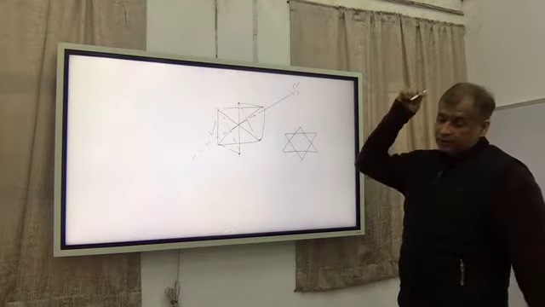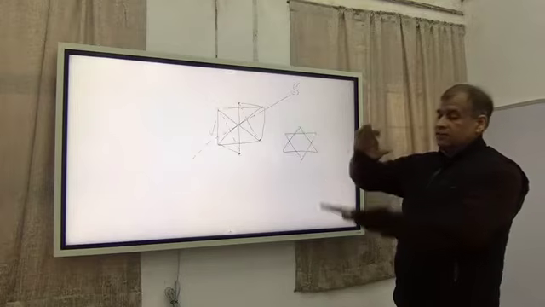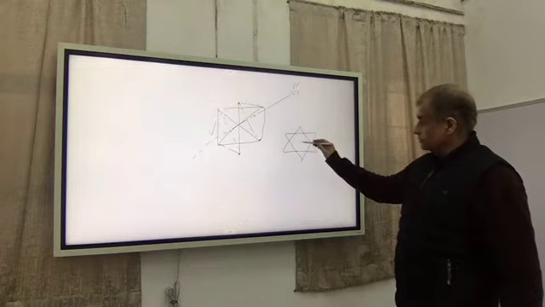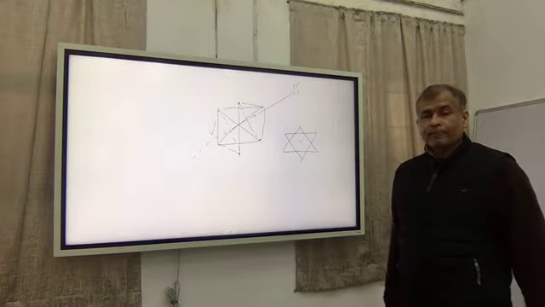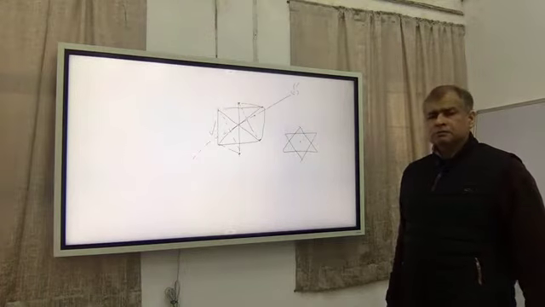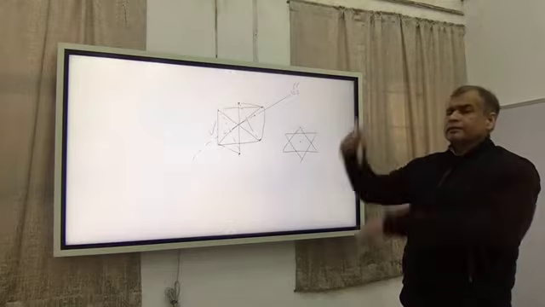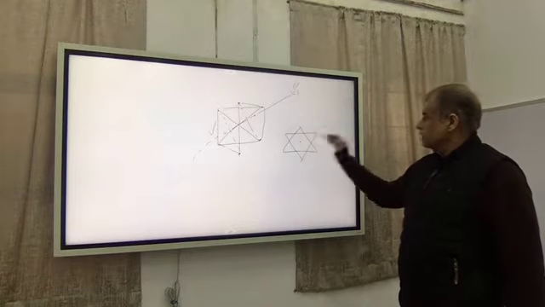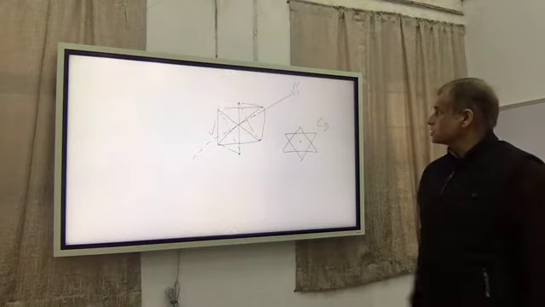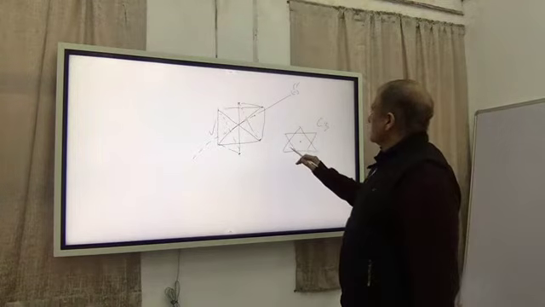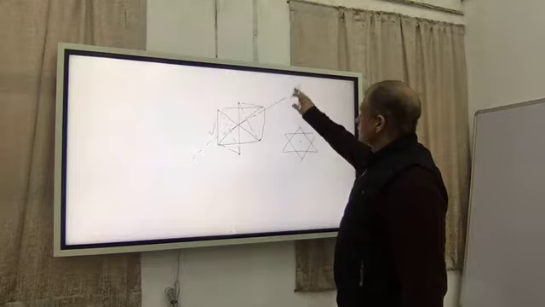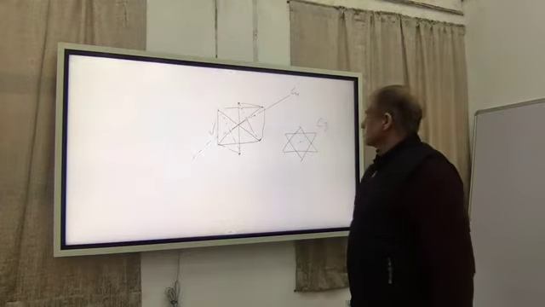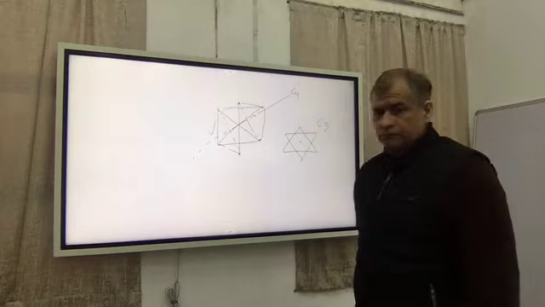So they have a distance, and this is the C3 axis passing through them. Not common actually, they will be lying on the same line. Centers. So this is one C3 axis. What was this? This was C4. So this is the C3 axis.